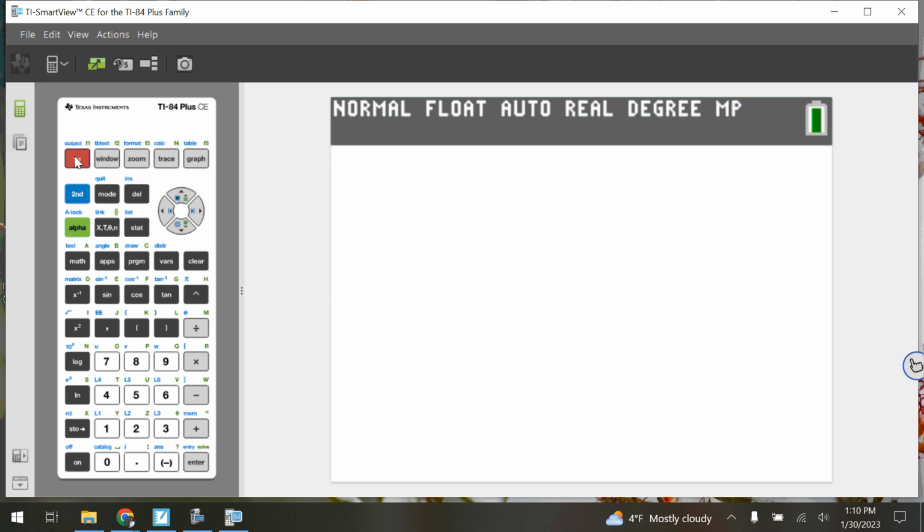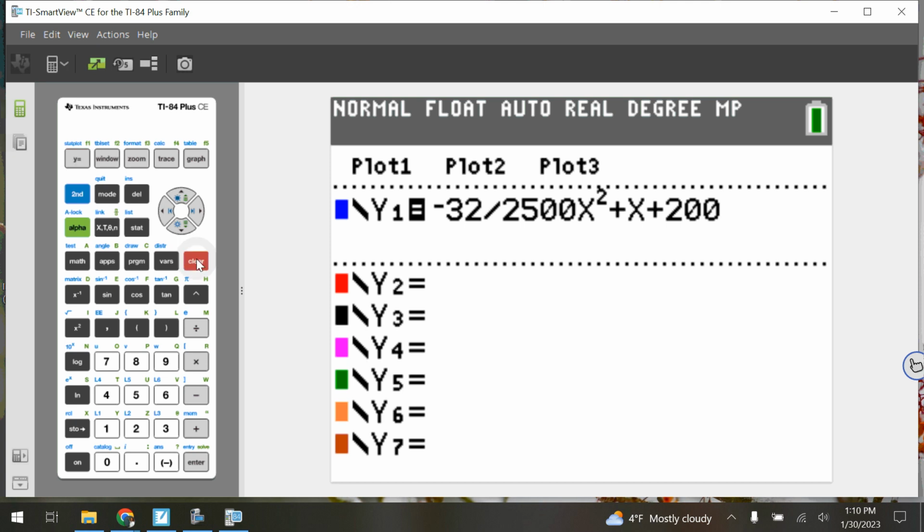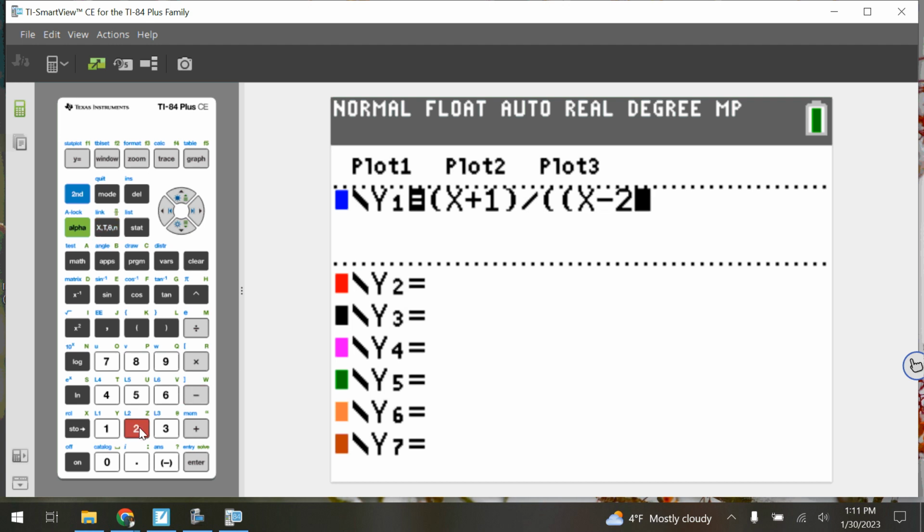So if you were to graph, and the way you graph these is you really need to use parentheses. Our numerator was parenthesis x plus 1. Your denominator was parenthesis x minus 2, yeah? Or was it x plus 2? x minus 2, parenthesis, and then x plus 1.